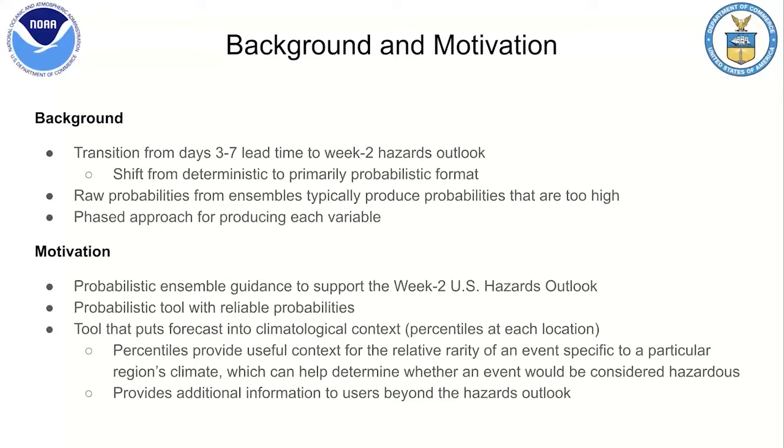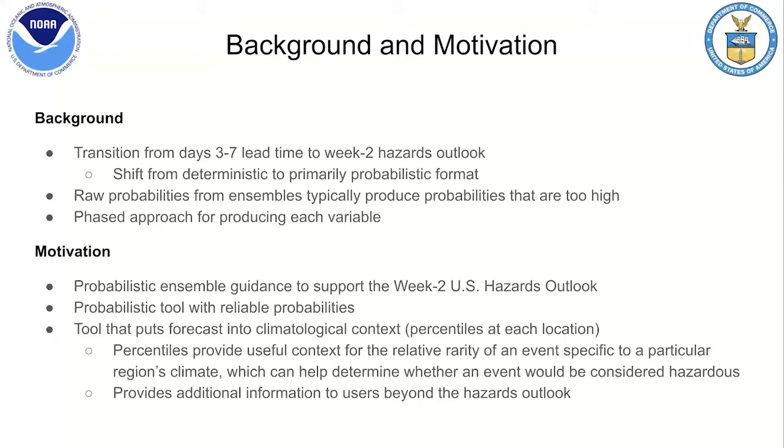Of course, we still have some categorical formatted hazards, but mostly probabilistic format. Another important thing is that raw probabilities from ensembles often produce probabilities that are too high, and therefore those are unreliable probabilities.